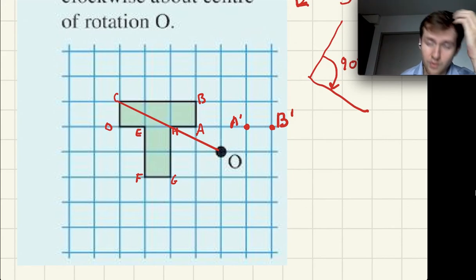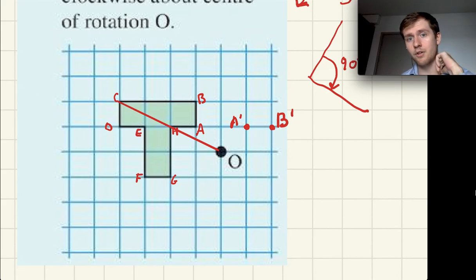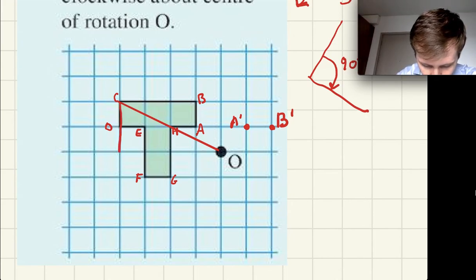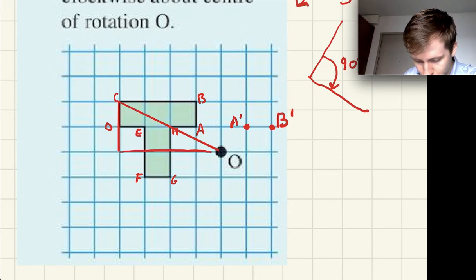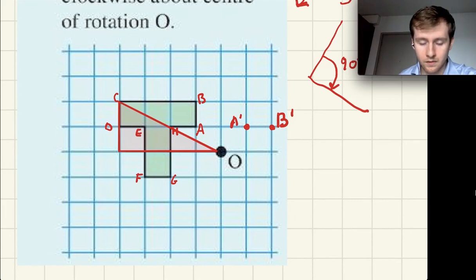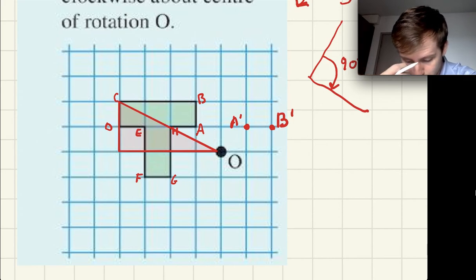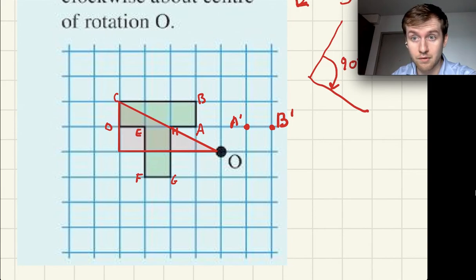So the way we should think about it is as the hypotenuse of a triangle. So let's draw this triangle, like this. And what we have to do now is rotate this whole triangle by 90 degrees.